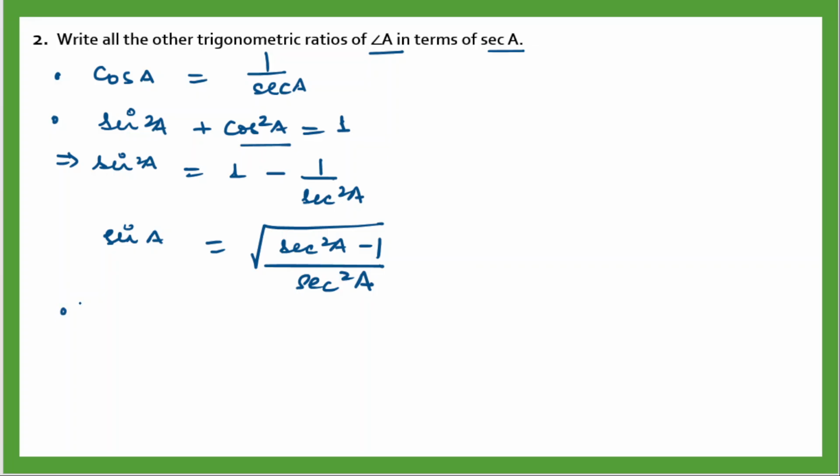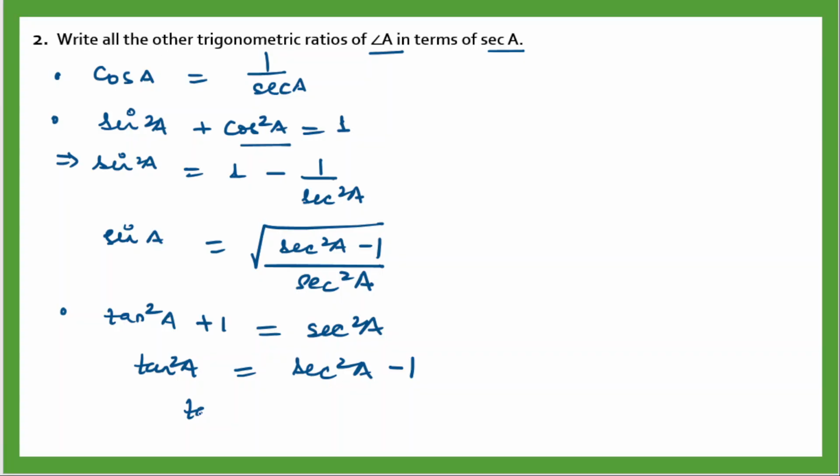Now we are going to use tan square A. So tan square A plus 1 is equal to sec square A. So you can write tan square A is equal to sec square A minus 1. So your tan A is equal to under root of sec square A minus 1. What is your cot A?